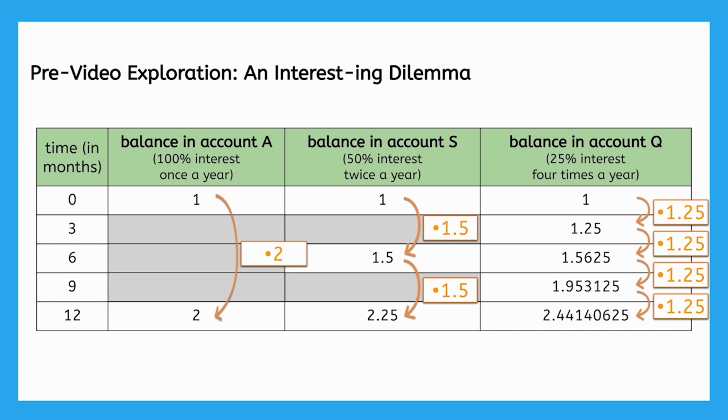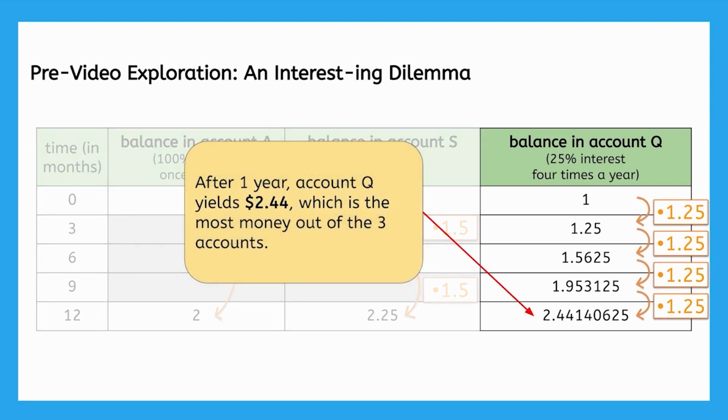As expected, we get even more money. Therefore, we can confidently say your best option is account Q, since after 1 year, account Q yields $2.44, which is the most money out of the 3 accounts.